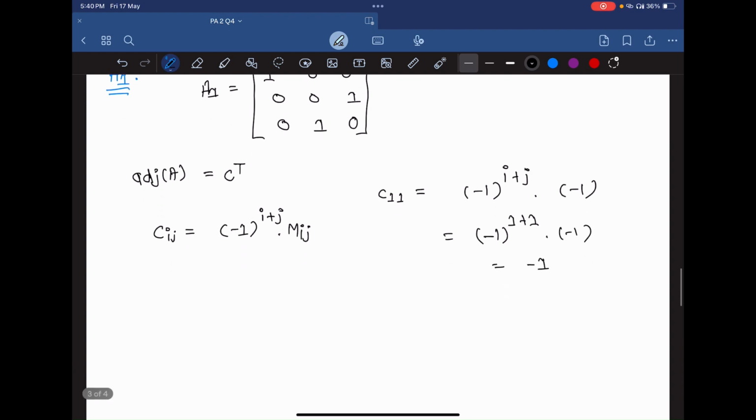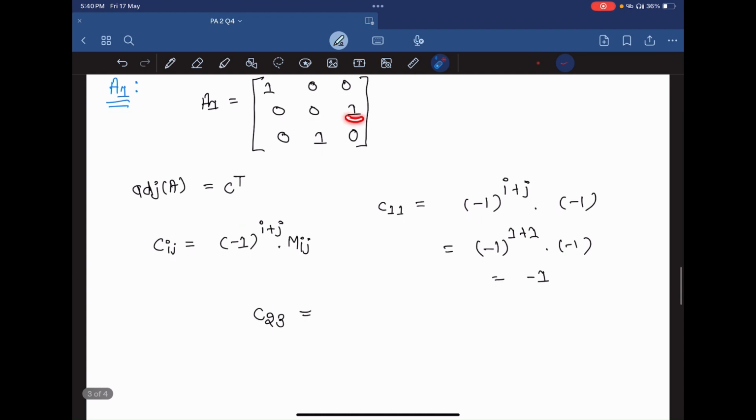Similarly, if we are calculating at the 2/3 entry, we will eliminate the second row, third column. We'll get the sub matrix. This sub matrix contains these entries and its determinant is 1. So it would be minus 1 power i plus j times 1, since the minor at ij is the determinant of the sub matrix.